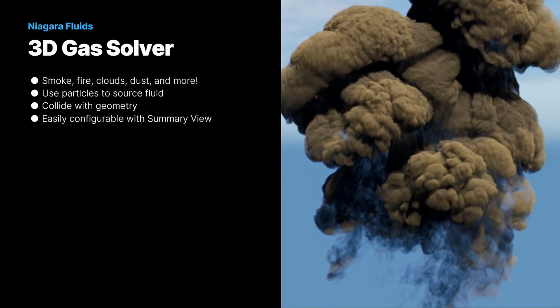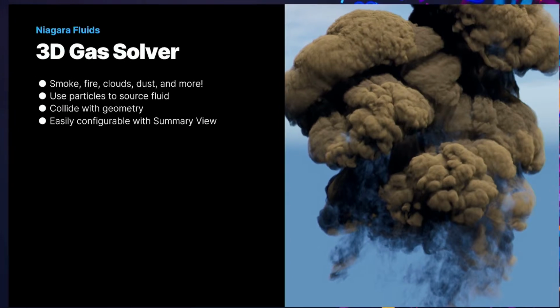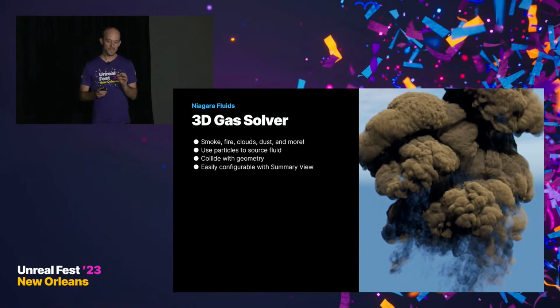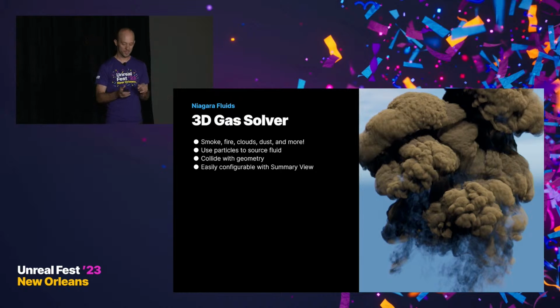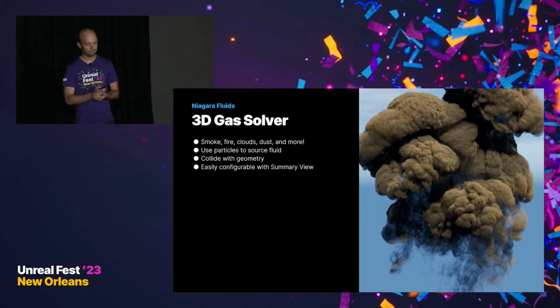But it's all controlled using Niagara particles to emit fluid into the grid cells, and using geometry in your scene to collide against, and to configure it using summary view. And keep in mind, all of the solvers that I mentioned, 2D, 3D, gas, and liquid, use very similar simulation primitives and control mechanisms. So all of these concepts apply to all the different simulators.